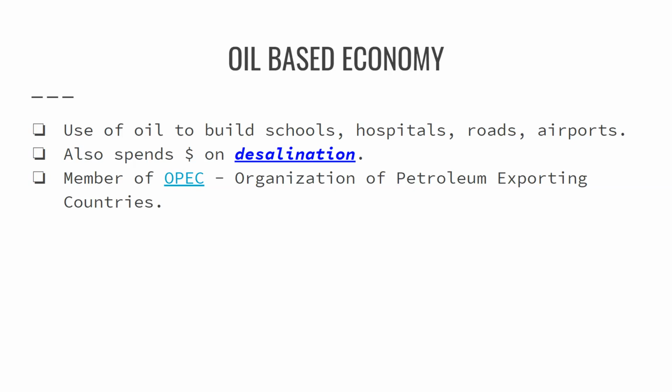And so they have begun to diversify into other forms of energy as well as other parts of their economy. But that oil does provide a lot of wealth, and that wealth from oil is used to build schools, hospitals, roads, and certainly airports, and technologically Saudi Arabia is always trying to push some changes. And again, that oil wealth does allow them to do that.